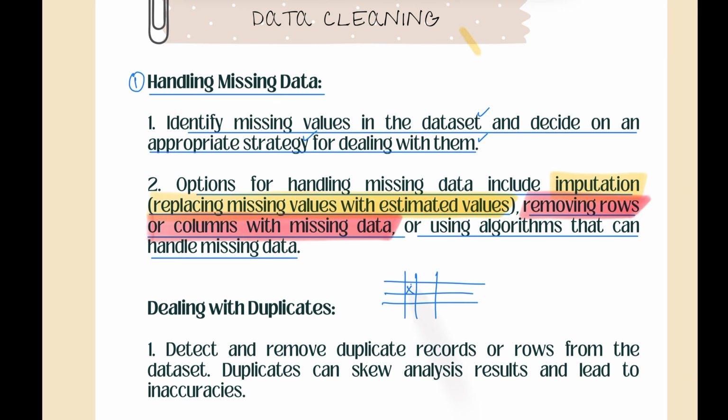If this data X is missing, you must remove this row and this column to divide the problem, or you can replace this X with some estimated value.